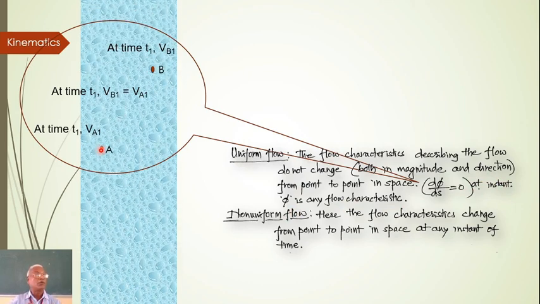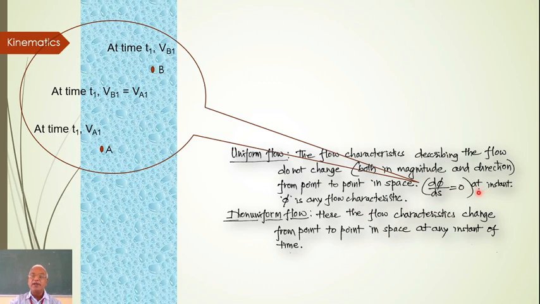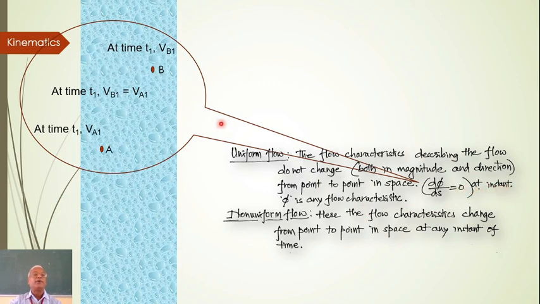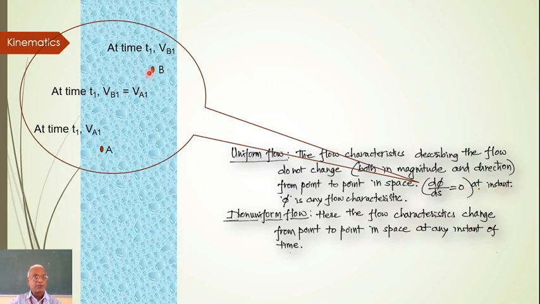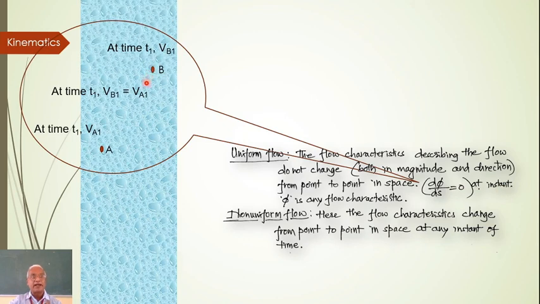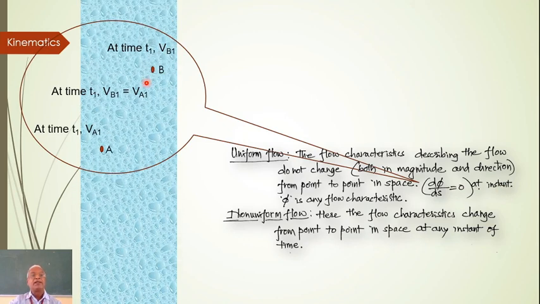Means if I am talking about 12 o'clock at different points, it is not that this is at 12 o'clock 5 meter per second, and this is at 12:35 meter per second. No, you cannot compare. At the same instant of time, but at two different space points, if the fluid characteristics are the same, then it is uniform flow.